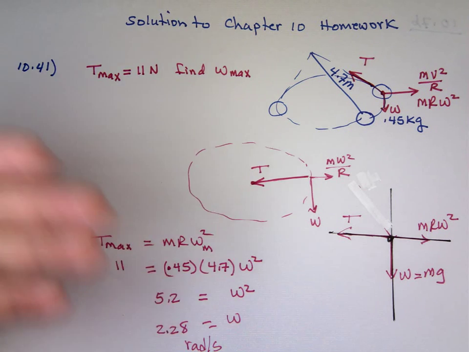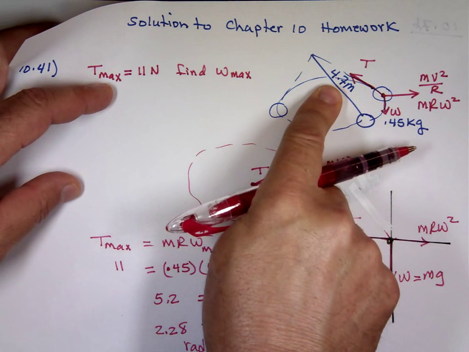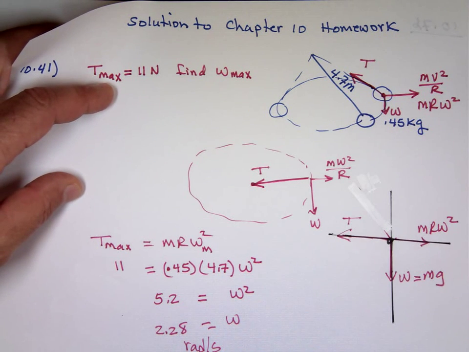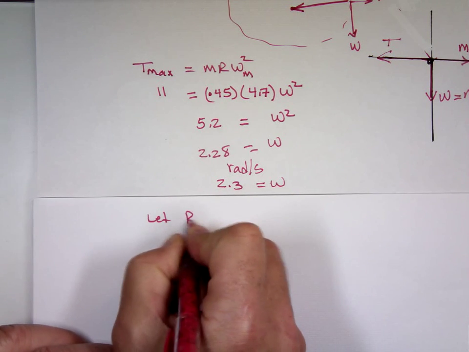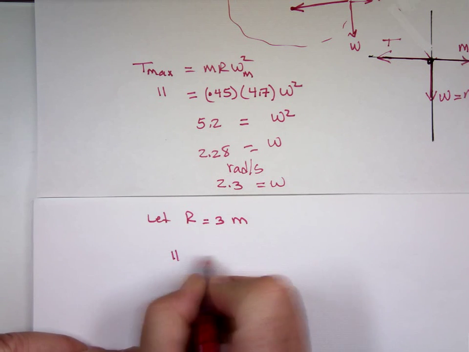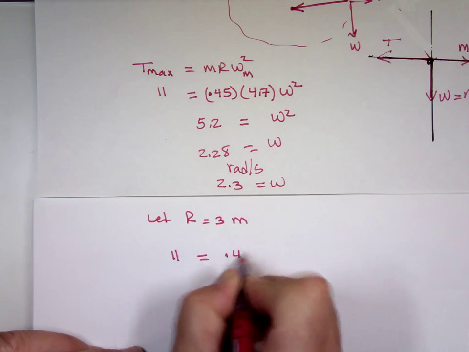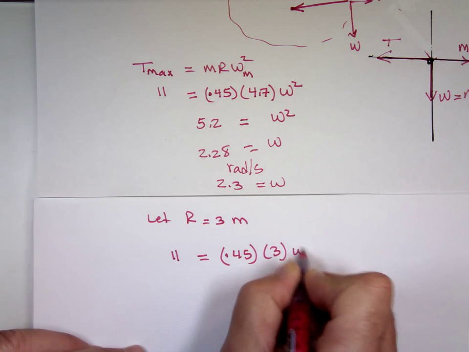But if you're not sure, because I've never seen those, just go ahead and pick a different value for R. Let's shorten that. Let R be 3. I just picked a number less than 4.7. So 11, the tension equals the mass, 0.45, times 3, times W squared.